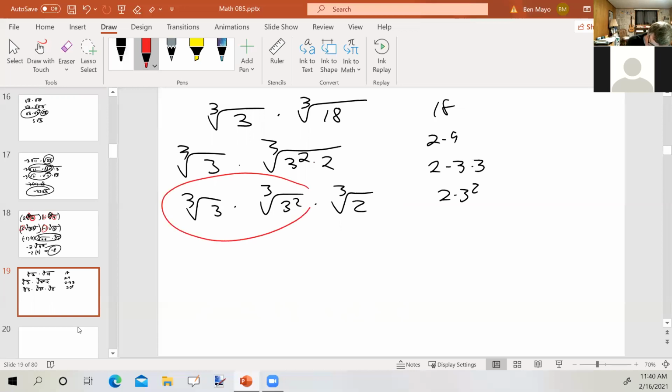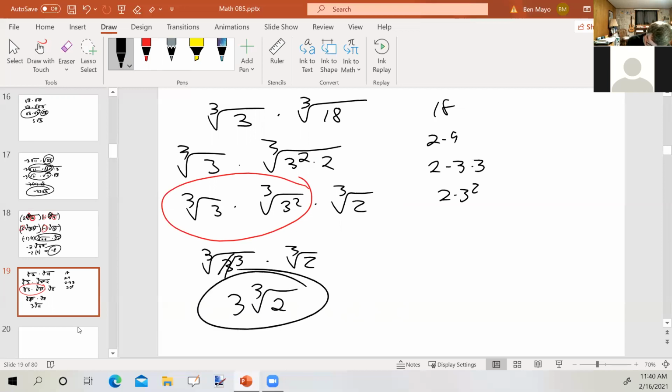But what's that? That's the cube root of 3 cubed times the cube root of 2. And that would be 3 cube roots of 2. You folks following this? Yes. Okay. Just wanted to make sure you were still alive out there.